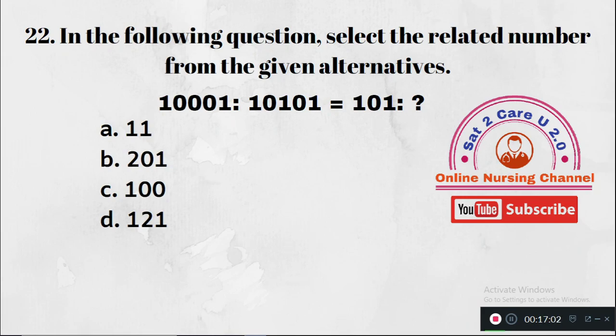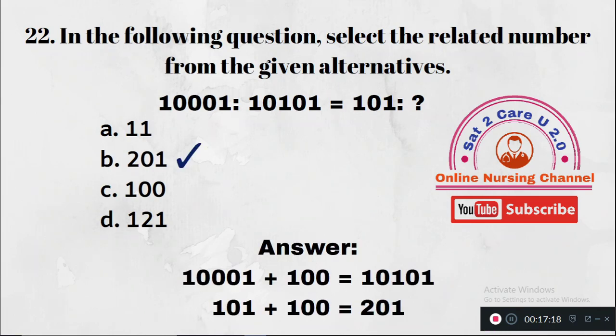So you have option 11, 201, 100, 121. So very simple. Let's see the answer. The right answer is option B. So from 10,001, when you add 100, you get 10101. Similarly, from 101, you add 100, you get 201.